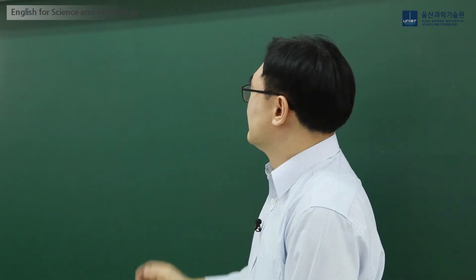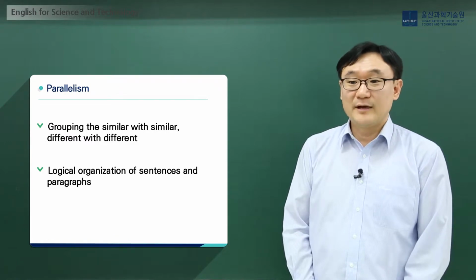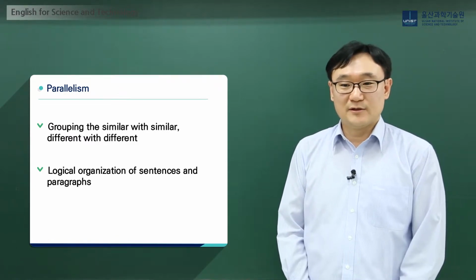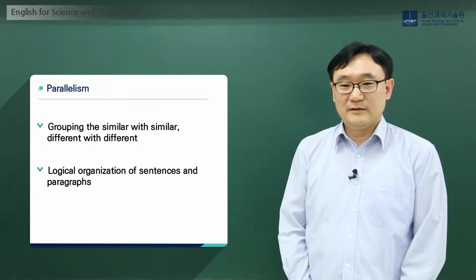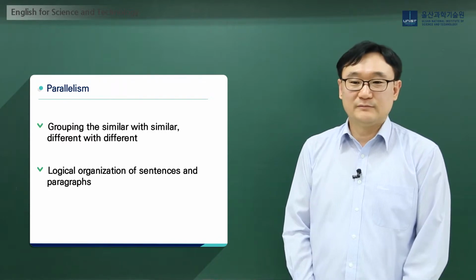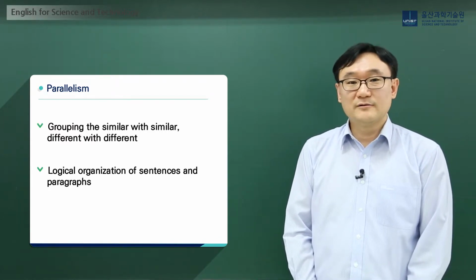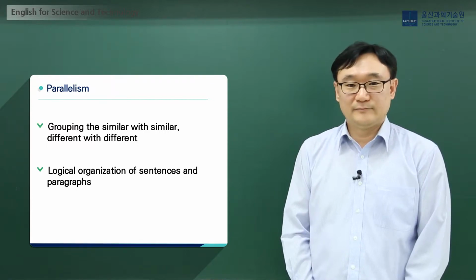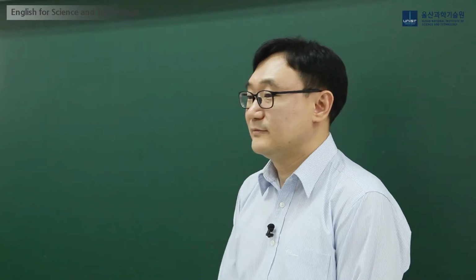What is parallelism? Parallelism simply means grouping the similar with similar, different with different. It means do not mix apples and oranges. In scientific writing, parallelism is closely related to grammar. Take a look at these examples.